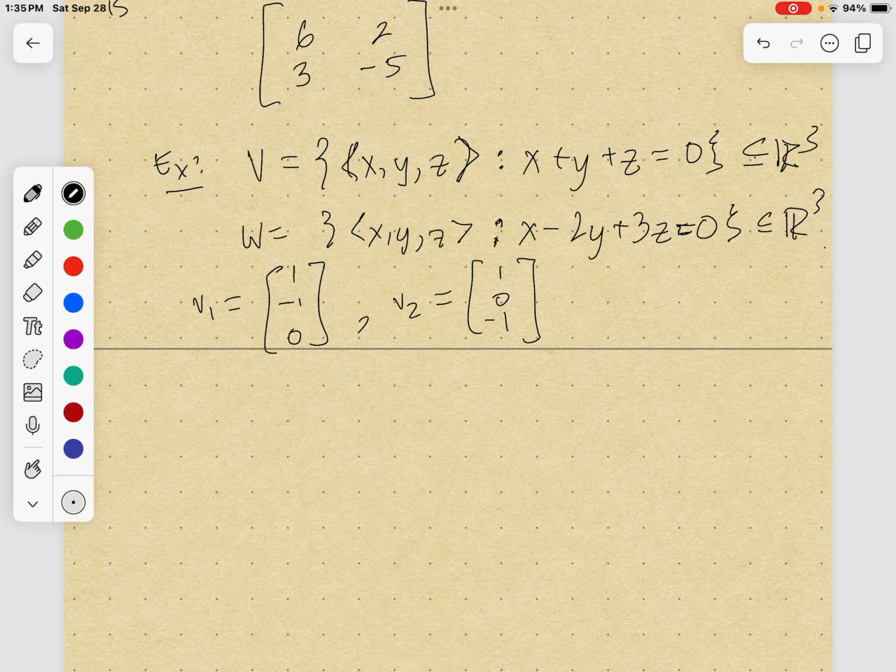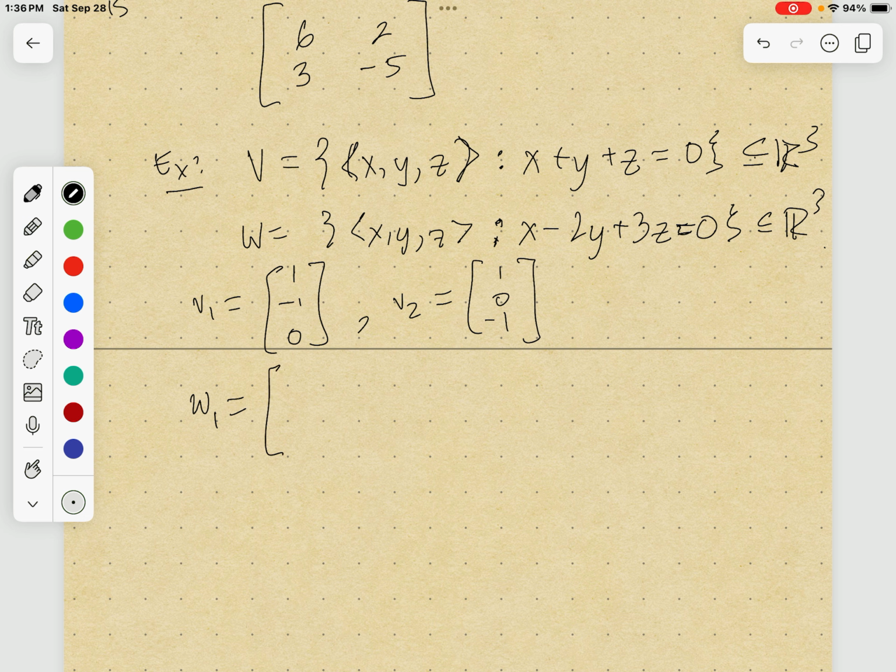And similarly, what's the dimension of W? 2, right? It's defined by one linear equation in R3. 3 minus 1, that's 2. So to come up with a basis for W, I just need 2 linearly independent vectors that satisfy the equation.